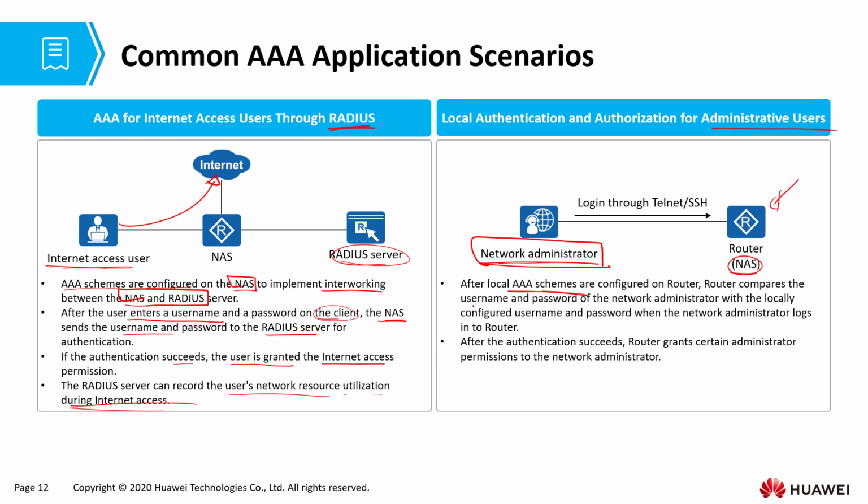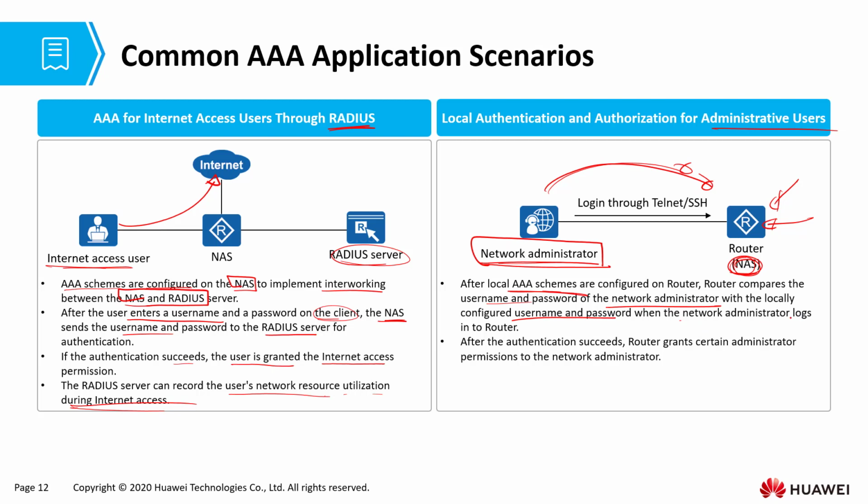When you enter a username and password, the router will compare them with the locally configured usernames and passwords on the router itself, and it will grant or deny you access depending on the match result.